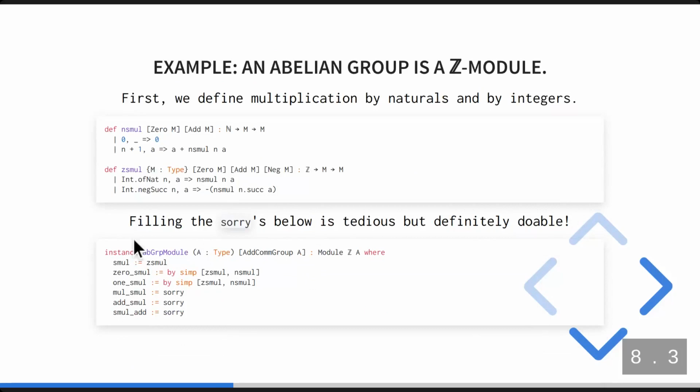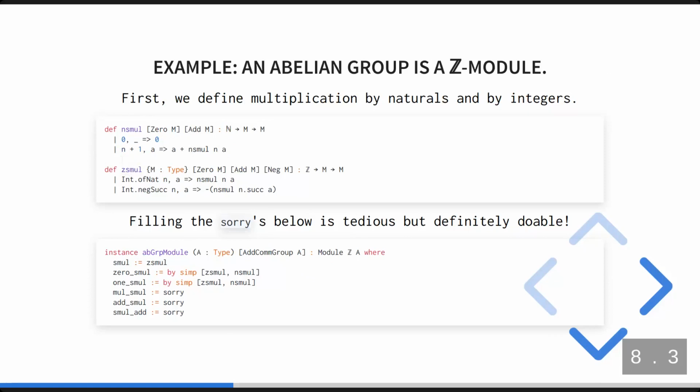So first, I will define separately what multiplication by scalars is in this case, and I do it in 2 steps. This is NSMul. NSMul doesn't need an abelian group. You just need a 0 and an addition, and then you get a multiplication by the naturals, which is a map. It takes a natural number and an element of M, and outputs another element of M, and you define it by cases.